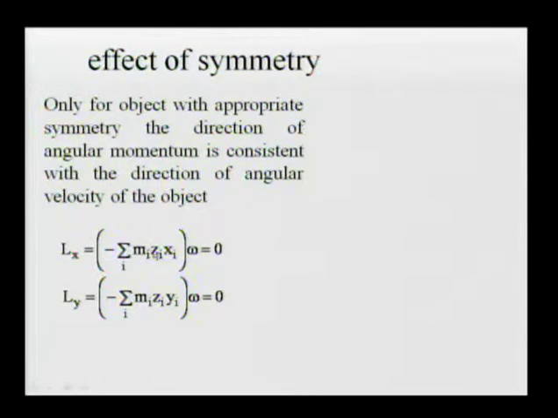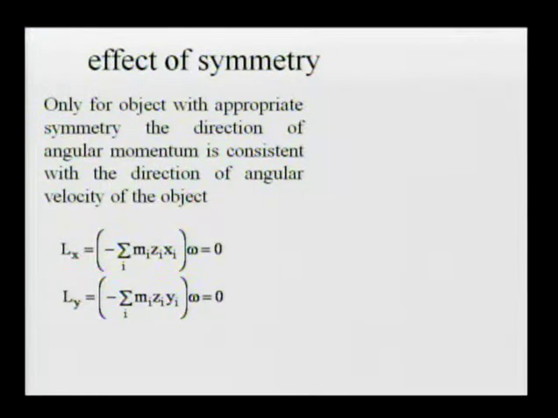Look at z. If we place particles all at the same height, and that height is 0, then the x and y components of angular momentum are going to be 0.